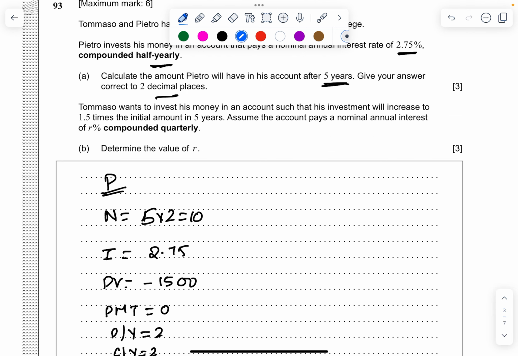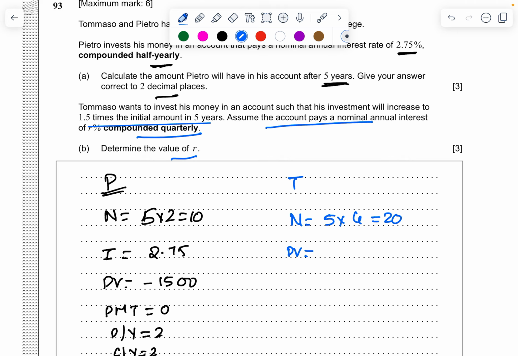Now, what does Tommaso do? He invests and will increase to 1.5 times the initial amount in 5 years. Assume the account pays an annual interest compounded quarterly. Find the value of r. So for quarterly, 5 times 4, it's going to be 20. Principal value is minus 1,500.